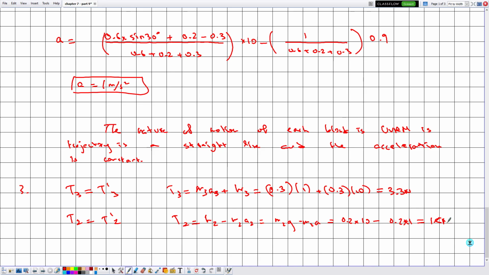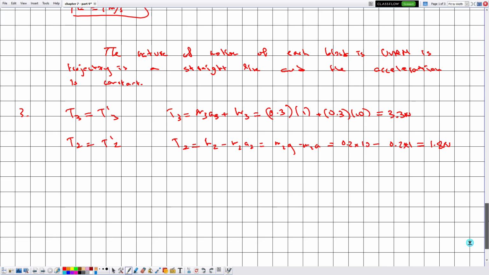And here we expect that the values of the tensions are positive, independent of whether they are acting in the positive or negative direction, but these are the magnitudes, and we have taken into consideration the different signs regarding the tensions, the frictions, and the weight. So T3 is simply given by 3.3 newtons, and T2 is equal to 1.80 newtons.